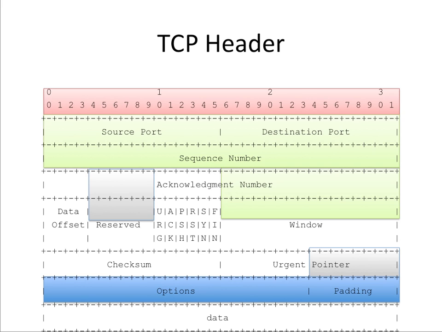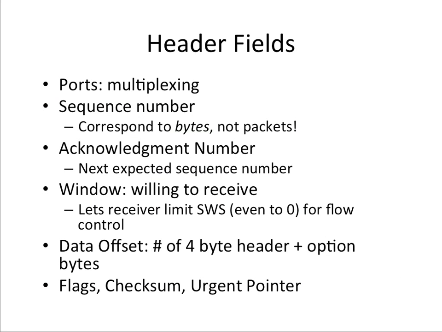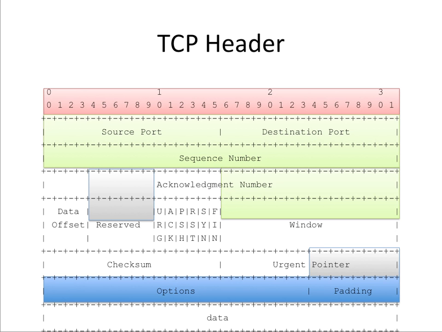Sounds pretty simple now, doesn't it? So here is the description. Again, you can go take a look. We pretty much covered all of it. See the window field? That's going to become very important when you start talking about congestion window and so forth.